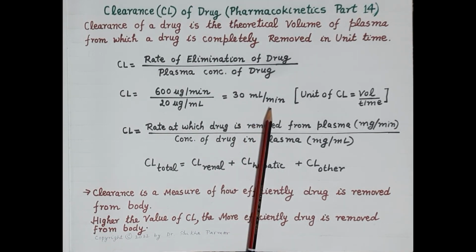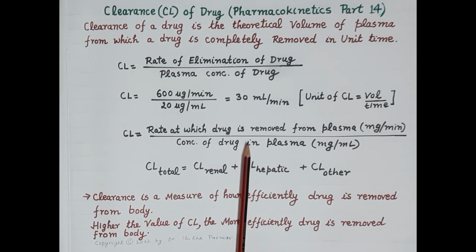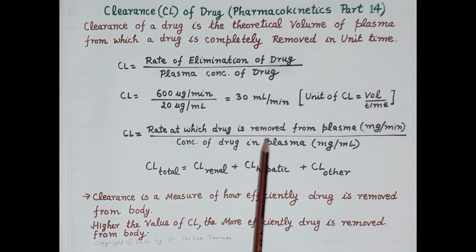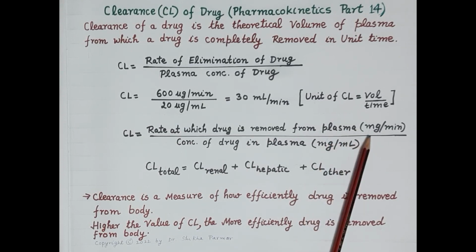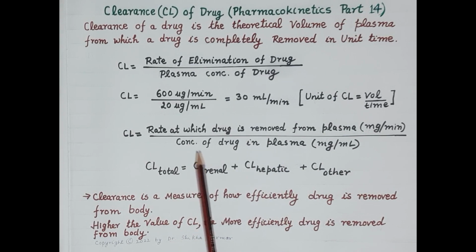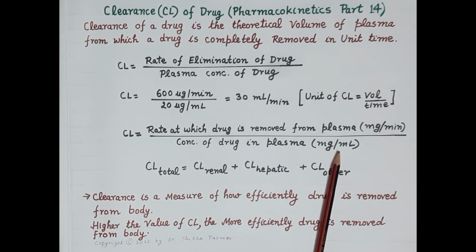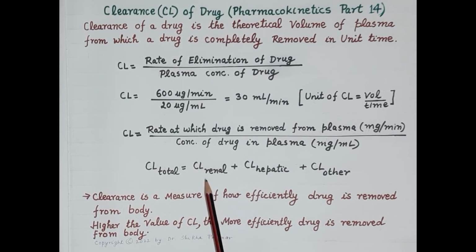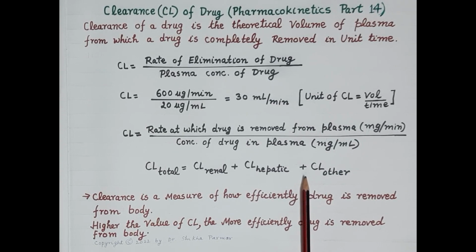Clearance can also be defined as the rate at which a drug is removed from the plasma in milligram per minute divided by the concentration of drug in the plasma in milligram per ml. The total capacity of the body to clear a drug from the plasma is the sum total of renal clearance plus hepatic clearance plus clearance from other tissues.